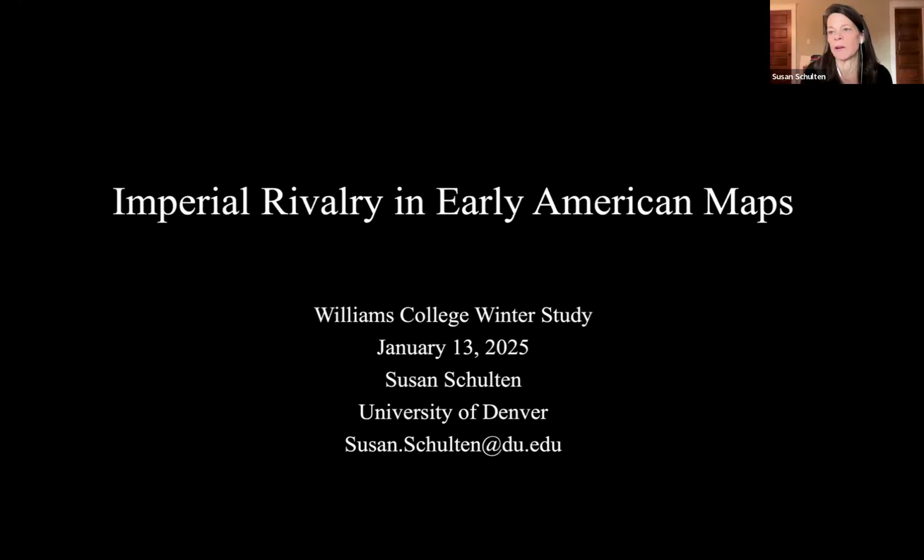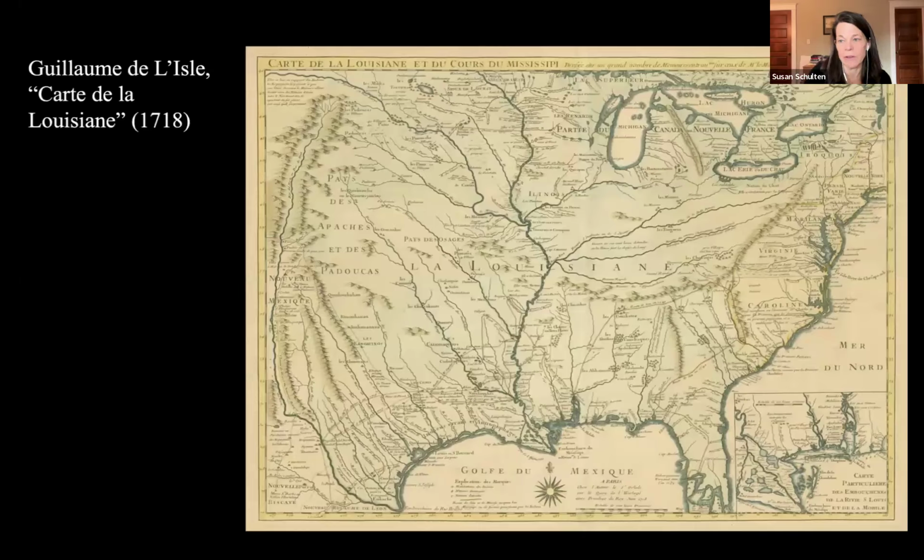But on the other hand, he wanted something very different. He said, I also would like you to create a map that maximizes French claims to sovereignty. Give us a map that maximizes our claims to North America. And what de Lille provided for him was exactly that. Now, I know there's a tremendous amount of detail on this, so I'll be zooming in so you can see the glorious information that is only clear if you zoom in a bit.